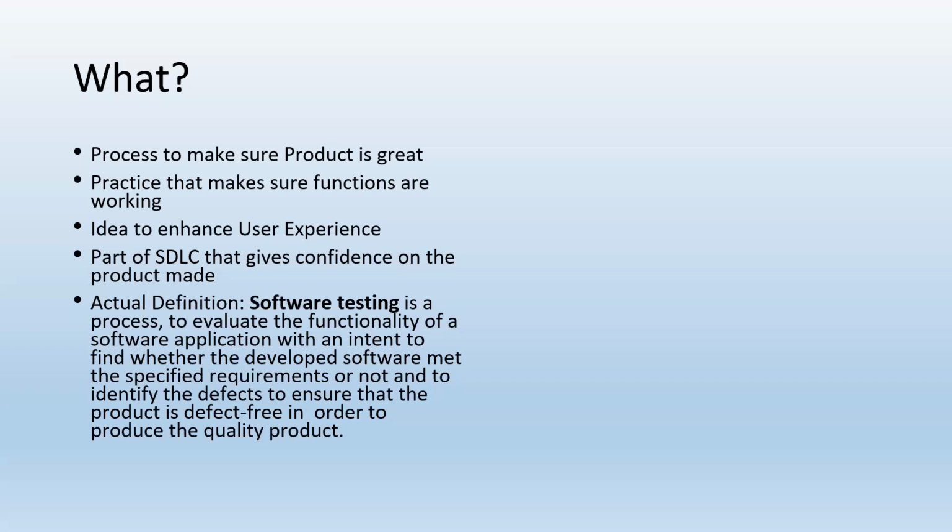Or your audio is not working fine, it's a defect. Or in WhatsApp, you're able to share screen, but the share screen icon is not working, it's not functioning. So it's a defect. That's what a defect is.